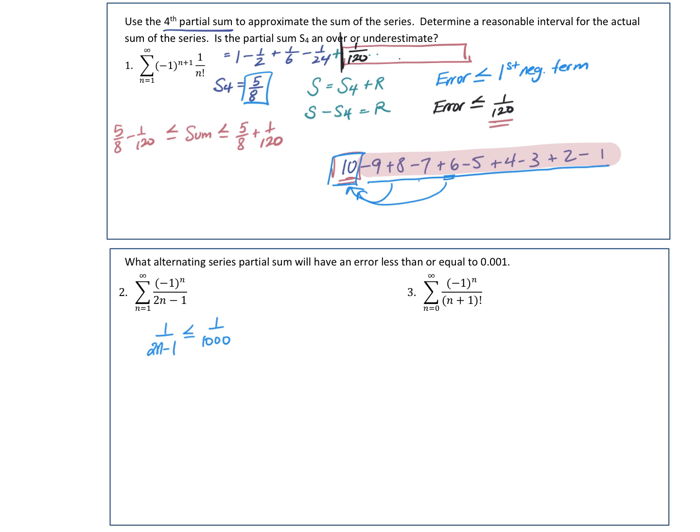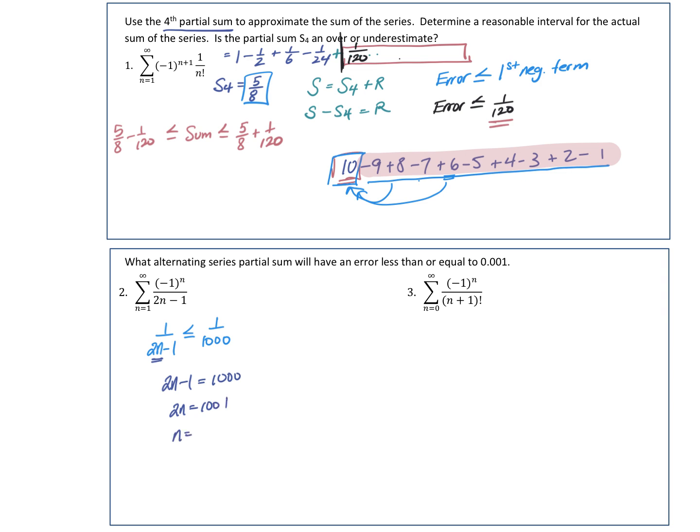So I need to figure out what n value is going to make this a true statement. To start, you can almost look at it and know you're going to be in the 500 range. So I can say 2n minus 1 equals 1,000. We could say 2n equals 1,001.